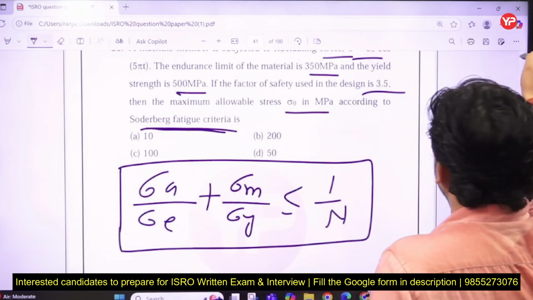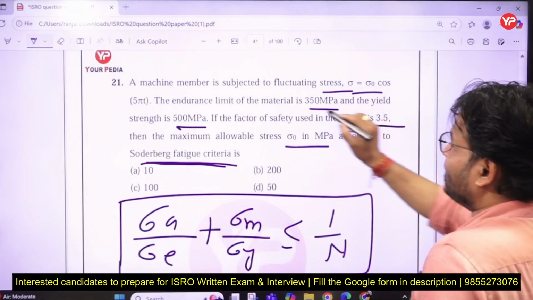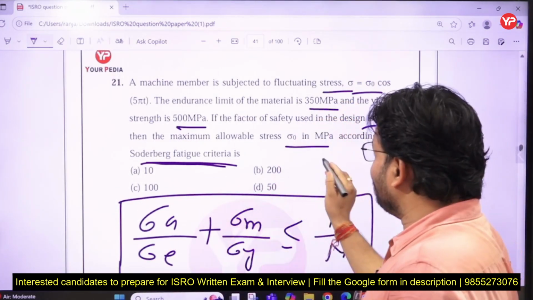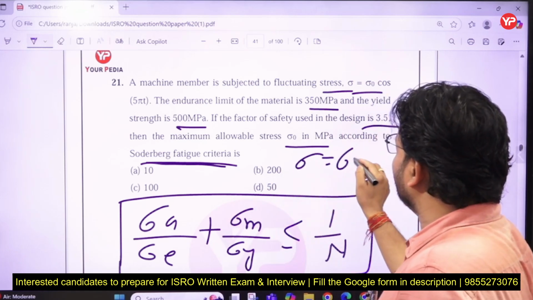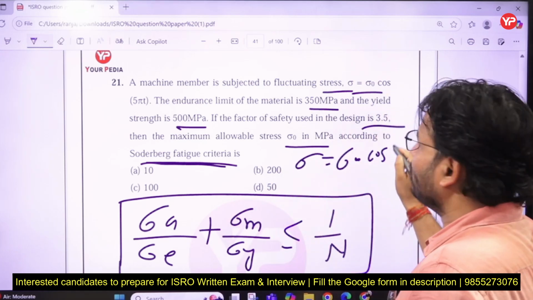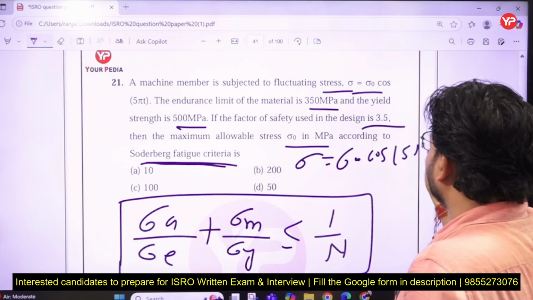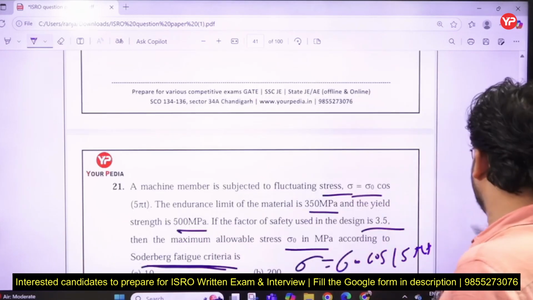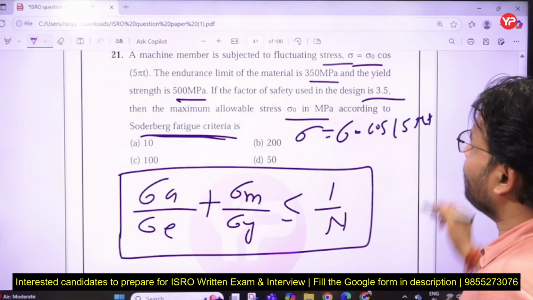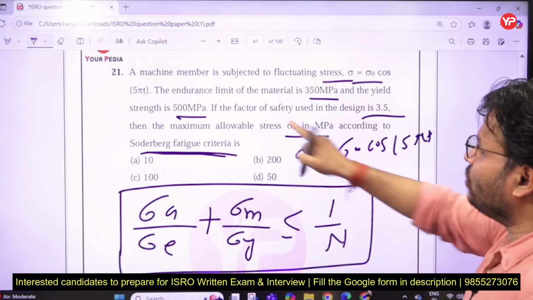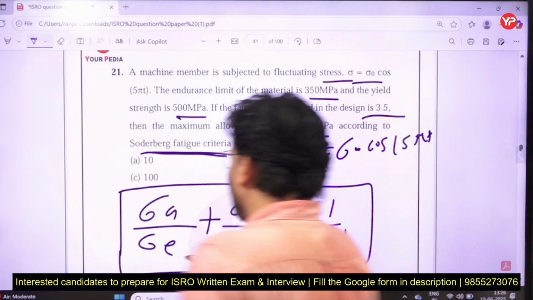If you see in this question, it is subjected to fluctuating stress. The stress in the question is given as sigma naught cos 5 pi t. The endurance limit of the material is 350 megapascal, so sigma E is known.